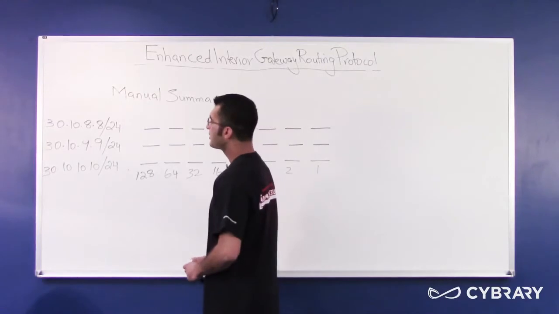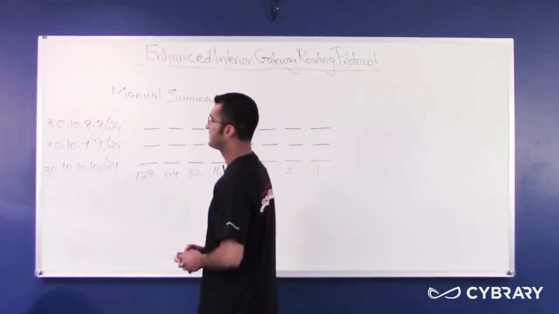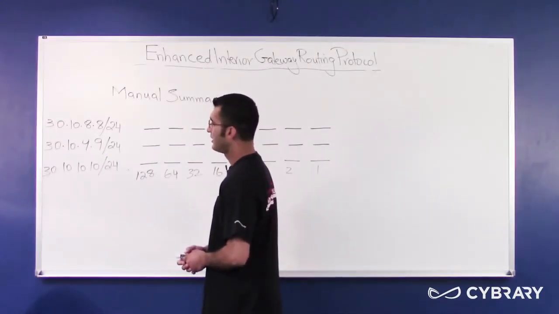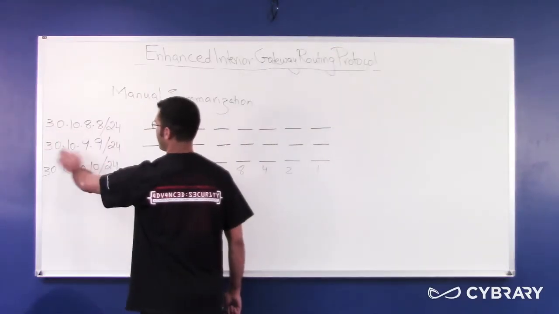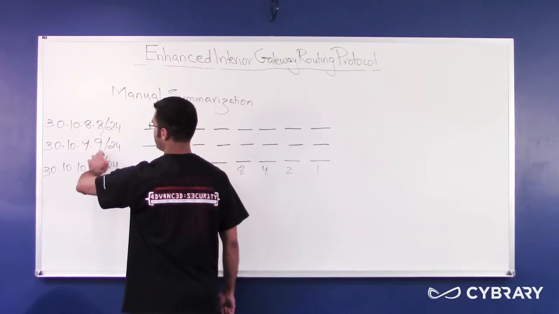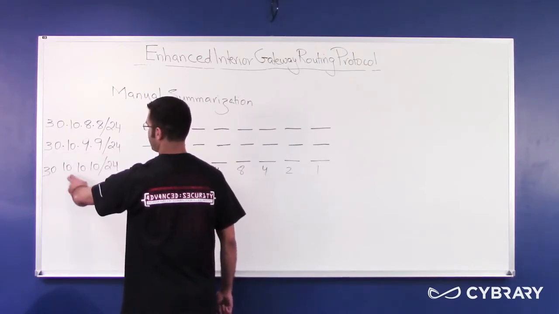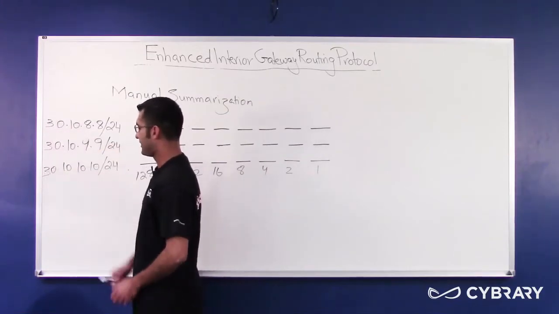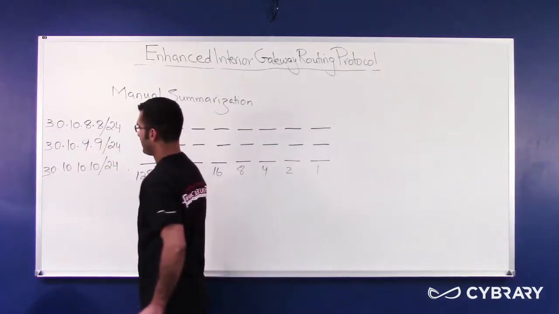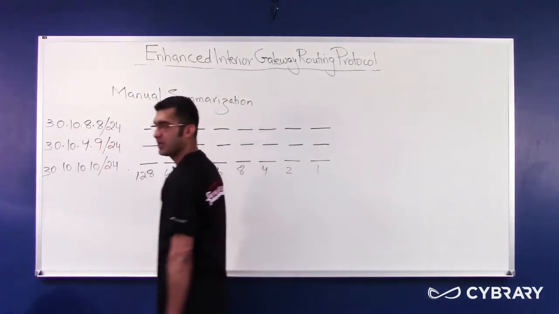Well, let's look at which octet is different on these three networks. So this network is 30.10.8.0, this network is 30.10.9.0, and the last one is 30.10.10.0. If you see, the first octet's the same, the second octet's the same, it's the third octet that's changing.